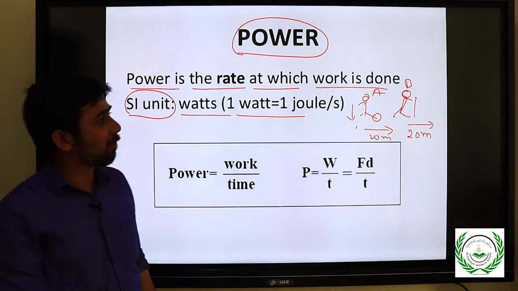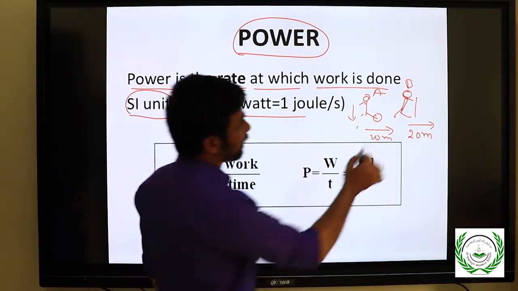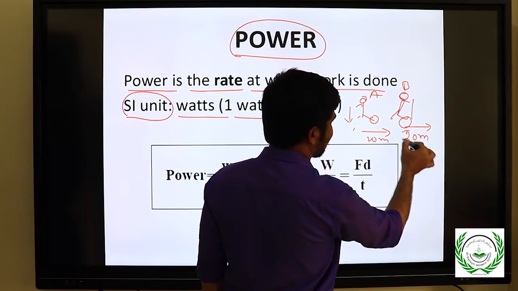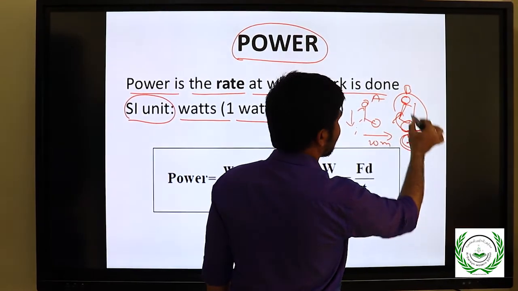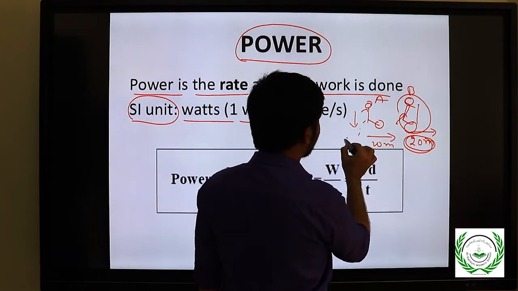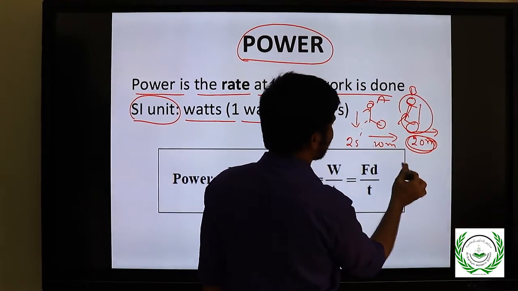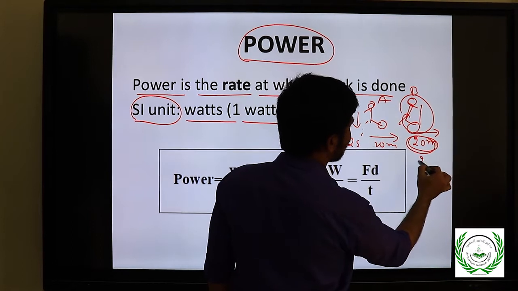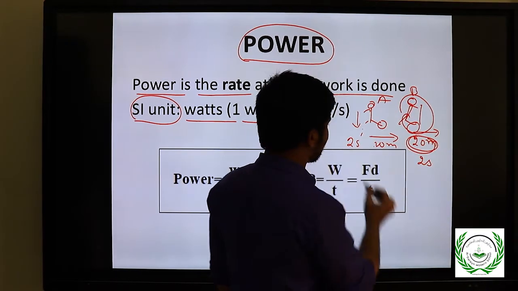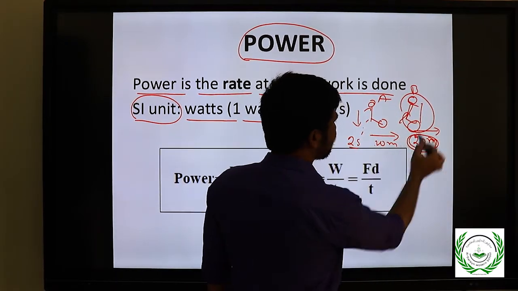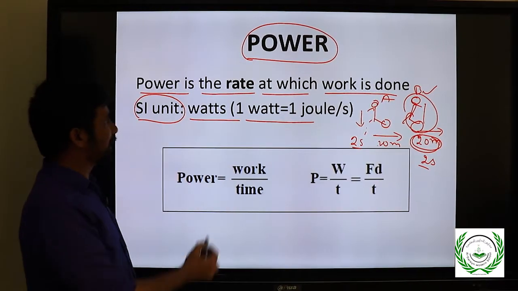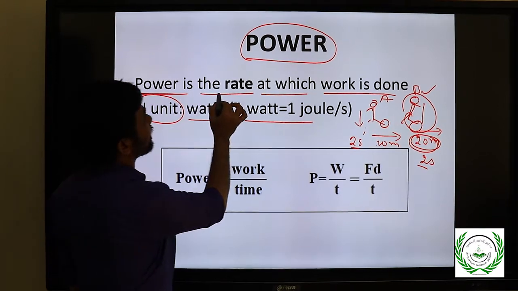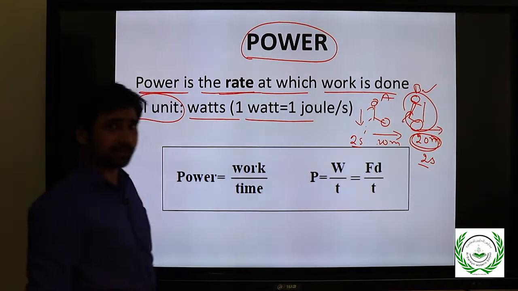It means he is applying some force over a particular distance. Within 2 seconds it reaches 10 meters for A, and within 2 seconds it reaches 20 meters for B. Same time, but B's power is more. In the same way, power is the rate at which work is done.